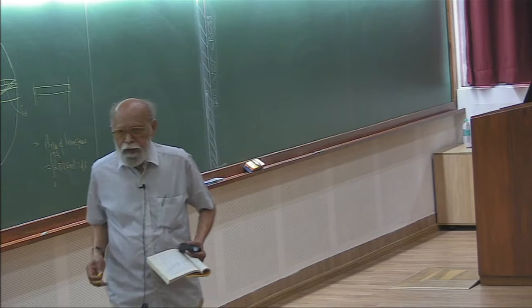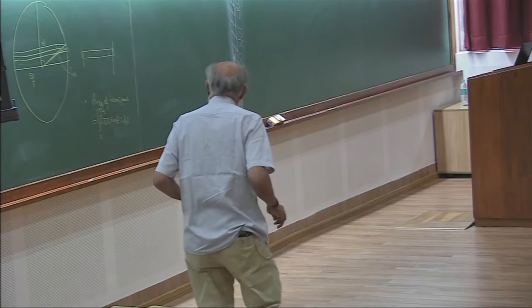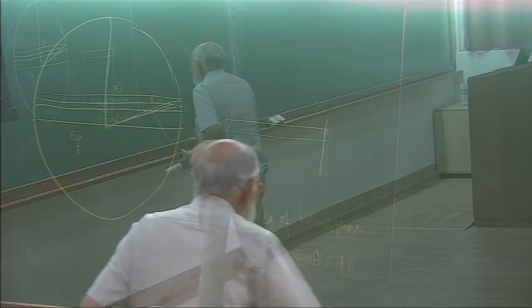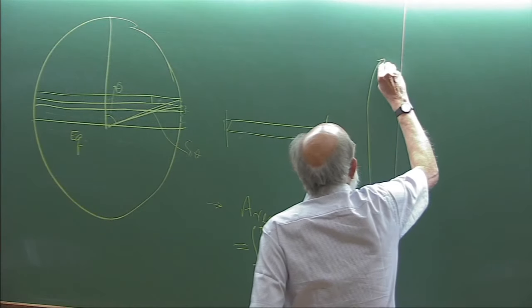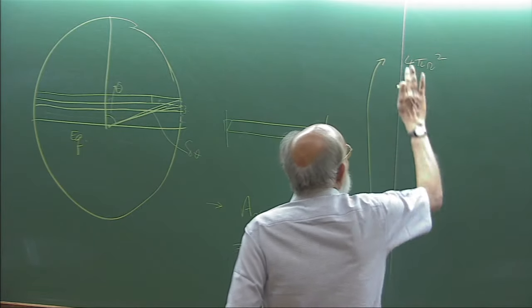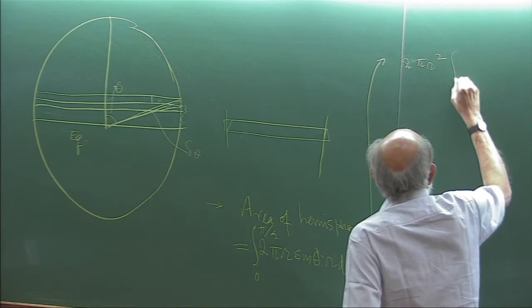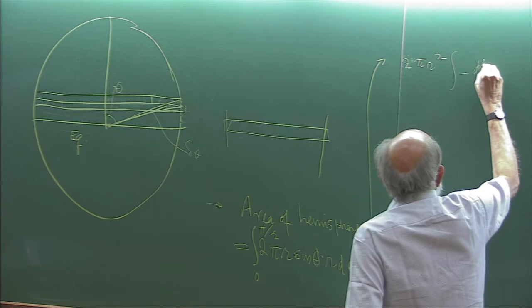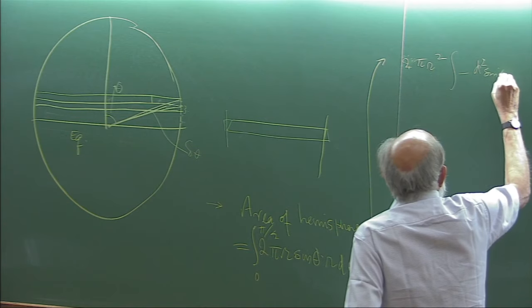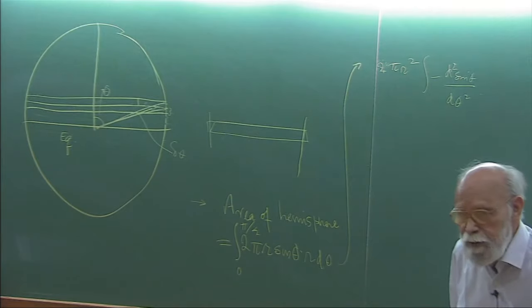Now, today we will simply say the integral of sine theta is cosine theta. There is a little twist there. What they do is 2 pi r square, then integral minus d2 sine theta by d theta 2, because they know the differential equation satisfied by the sine.